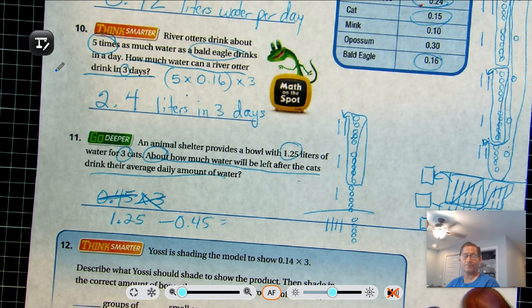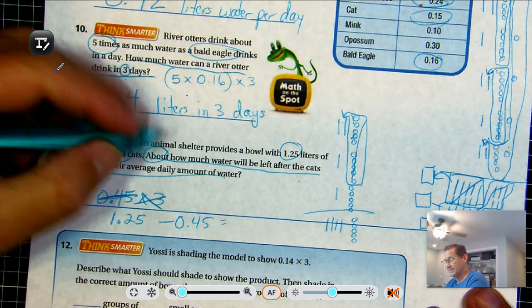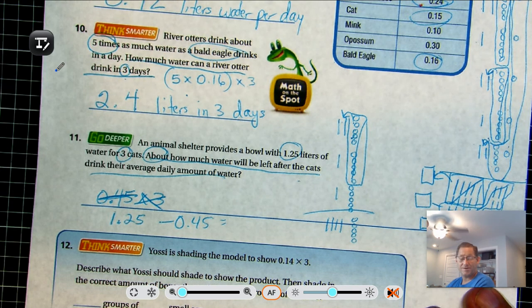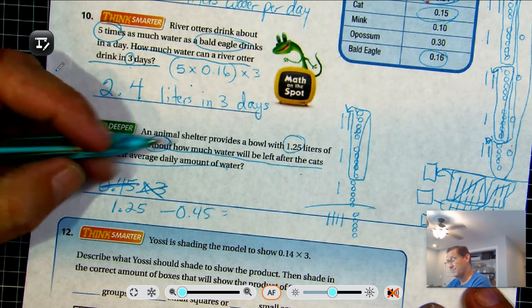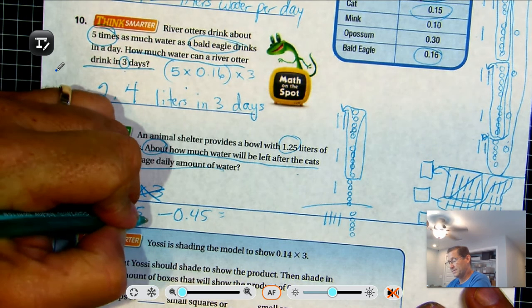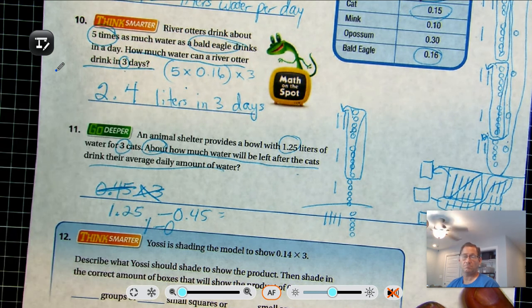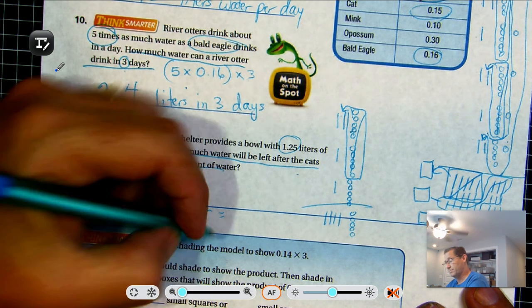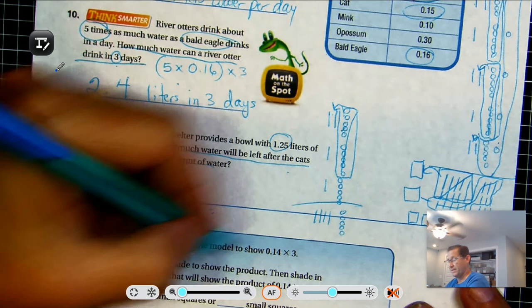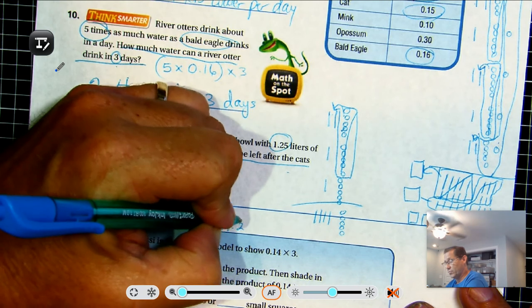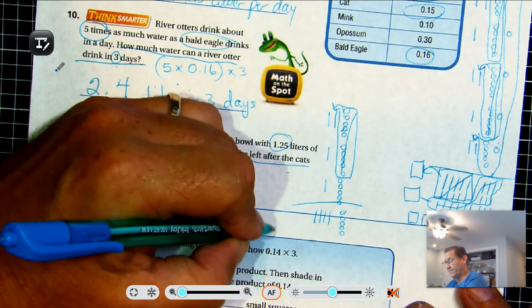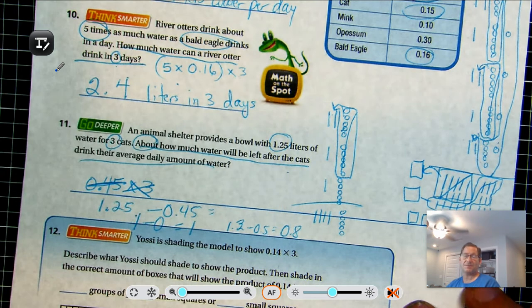Well, since it says about, we could round to the nearest tenth. We could round to the nearest whole number. We could use quarters. So that might be the easiest. So maybe it's just something like this. 1 minus 0, that would give us 1 liter. If we did 1.3 minus 0.5, that would leave us 8 tenths.